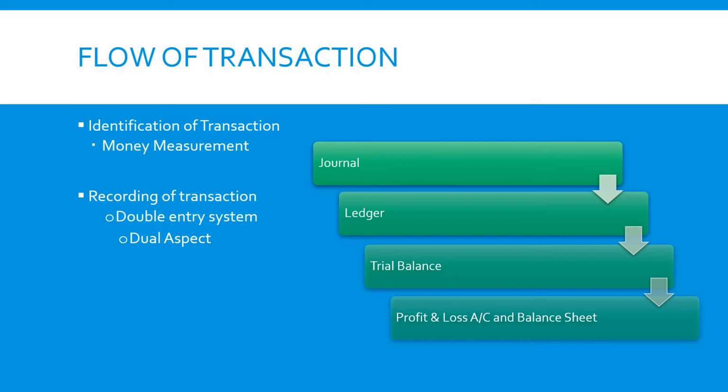In the outside world, when you see business finances, everyone talks about the balance sheet and profit and loss account. But to have them in front of you, every transaction must flow through the journal, ledger, trial balance, profit and loss account, and ultimately the balance sheet.